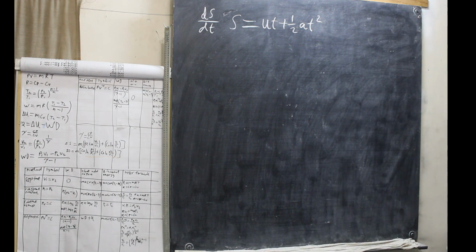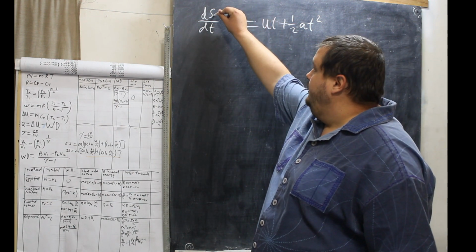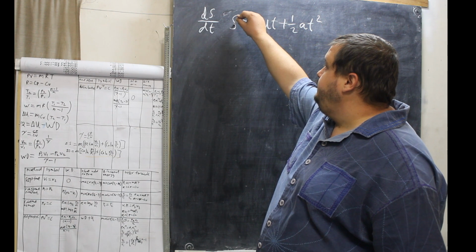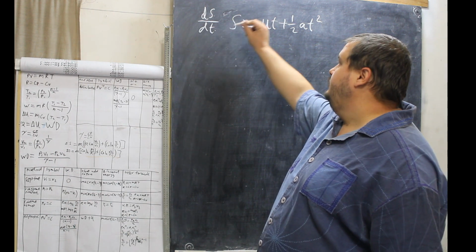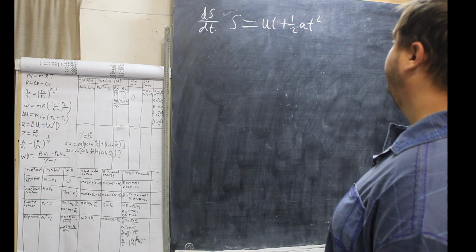Okay, now what we need to realize is that this is your sum, and that is what you're differentiating by. So we're differentiating with regard to t.